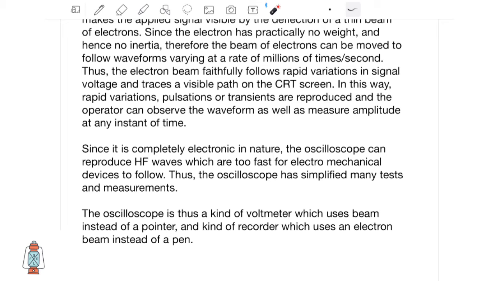So in conclusion, we can say it is a kind of voltmeter which uses a beam instead of a pointer, and a kind of recorder which uses an electron beam instead of a pen. Because in the later part of the lecture, you will also learn about the digital storage oscilloscope.